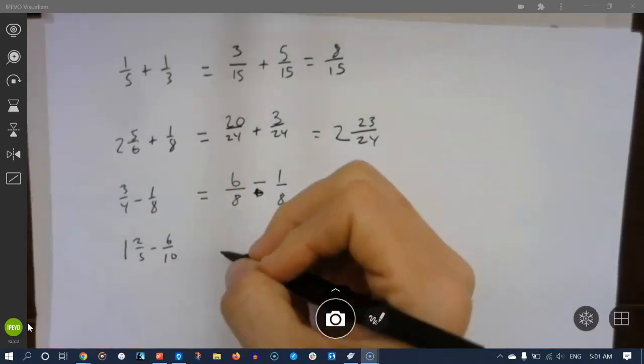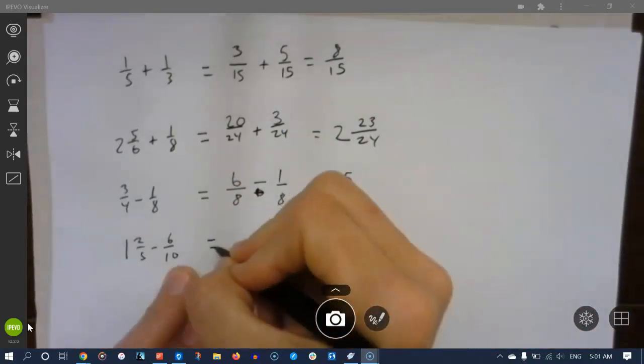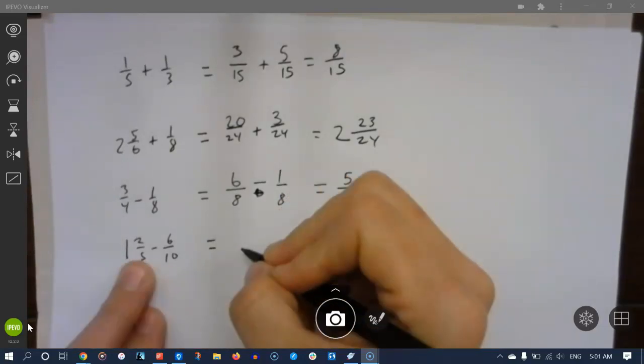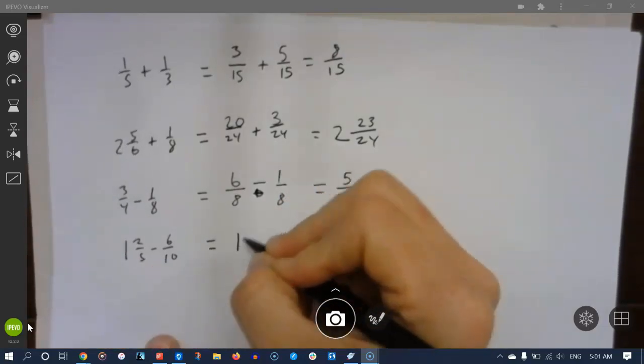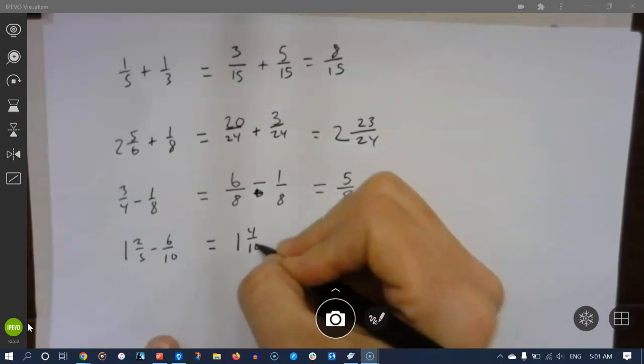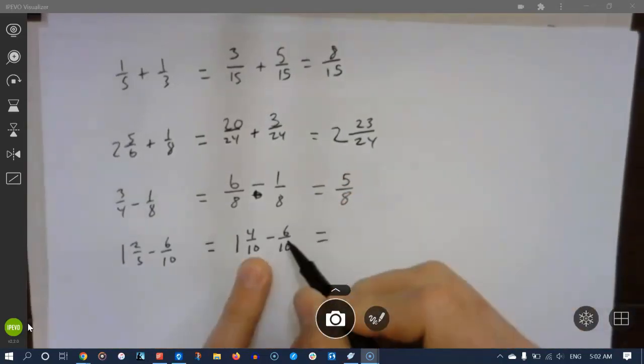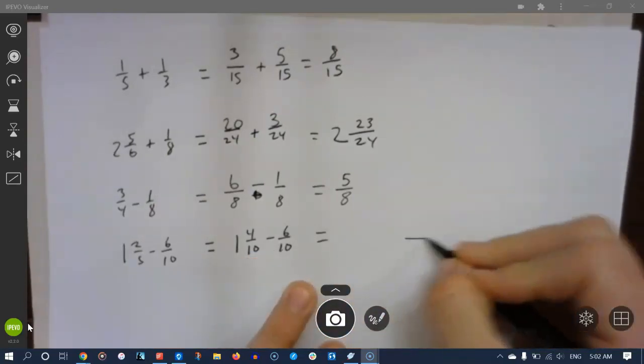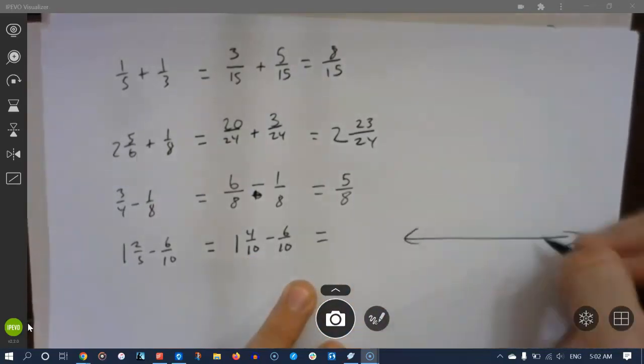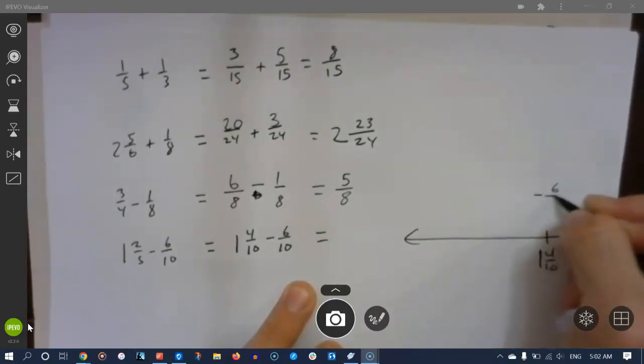And now we have 1 and 2/5 minus 6/10. So here I'm switching it. I see the tenths are there. Minus 6/10. So I'm going to first remove, so here, we'll use that number line again. I'm at 1 and 4/10. I'm removing 6/10.